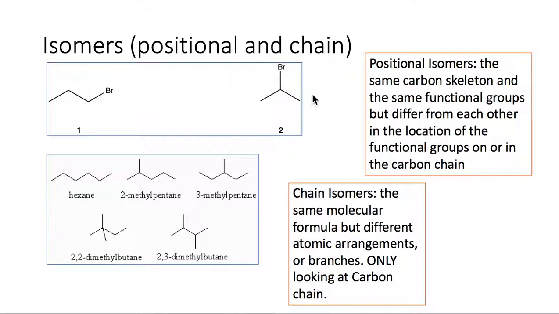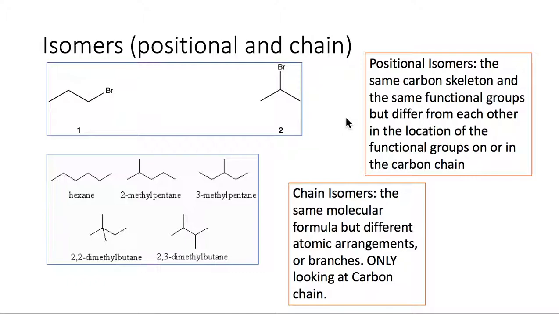Okay? You need to rewind this. Please make sure you understand. For positional, you have the same functional group. You're just changing the position of that functional group. You can also have, if you look at ketones, the carbon-oxygen double bond.